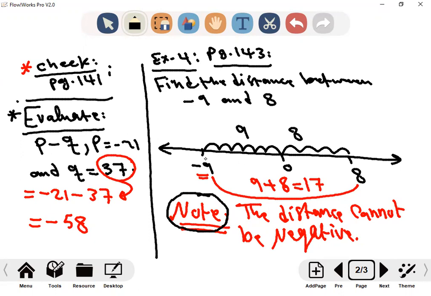So it's 9. The distance between -9 and 0 is 9. Now what is the distance between 0 and 8? It's 8. So for the total distance from -9 to 8, we add the two distances here. How much?